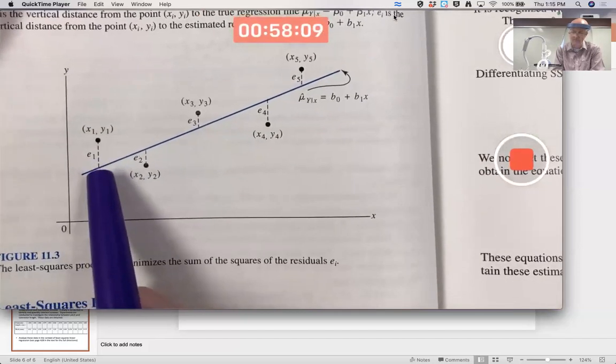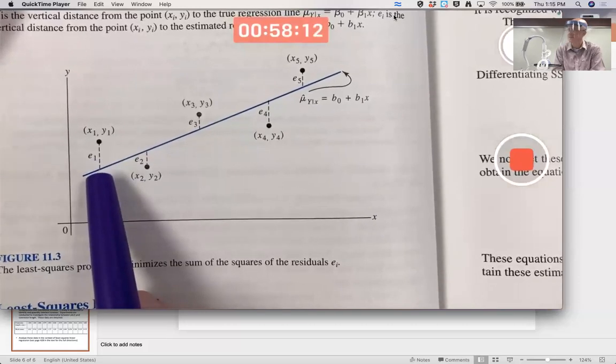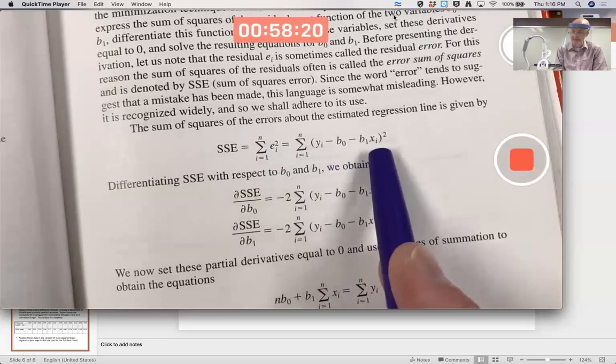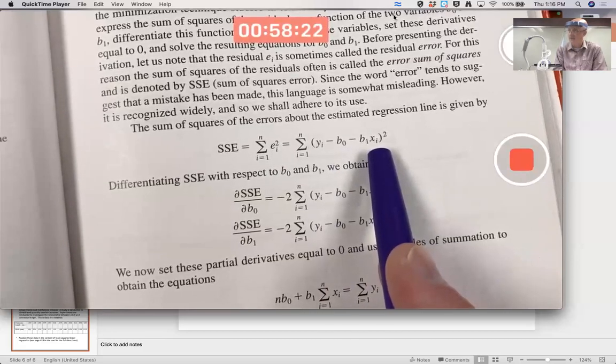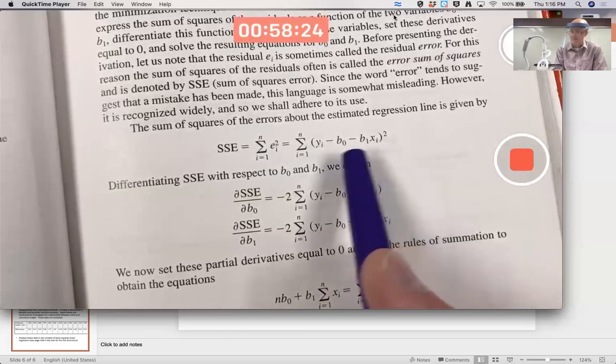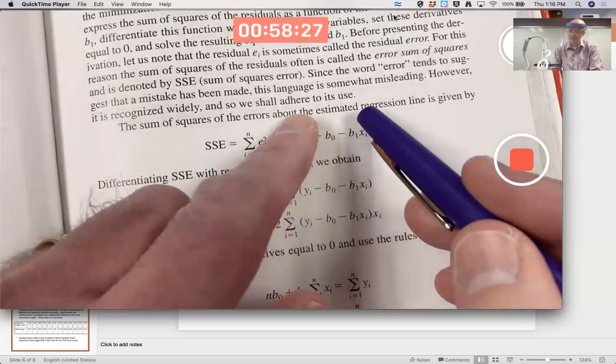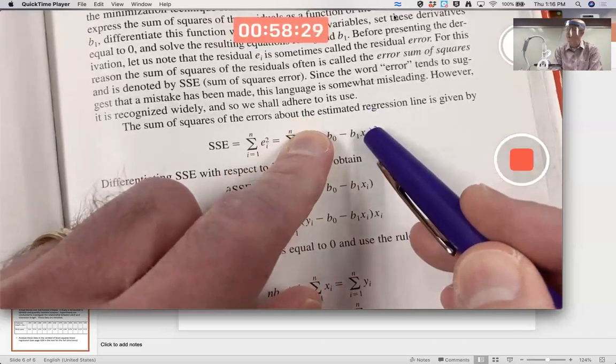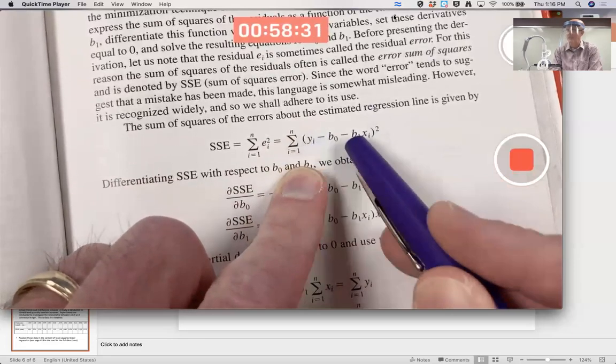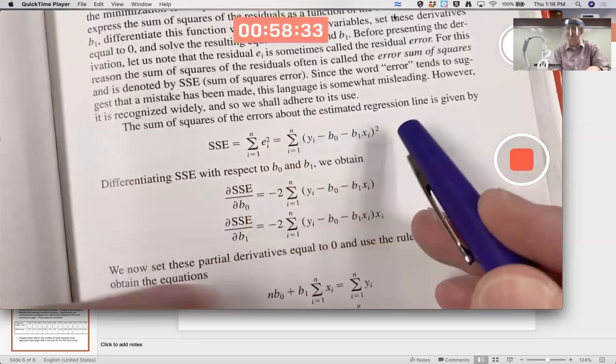There's no dot there, but just imagine there's a dot there. y1 minus that thing, which is what you get here when you replace xi with x1. You could also have b0 plus b1 x in parentheses and subtract the whole thing. The fact that we have two minus signs here is because the minus sign got distributed through.